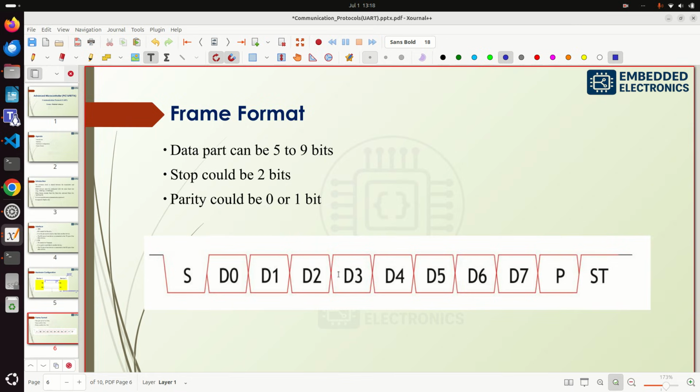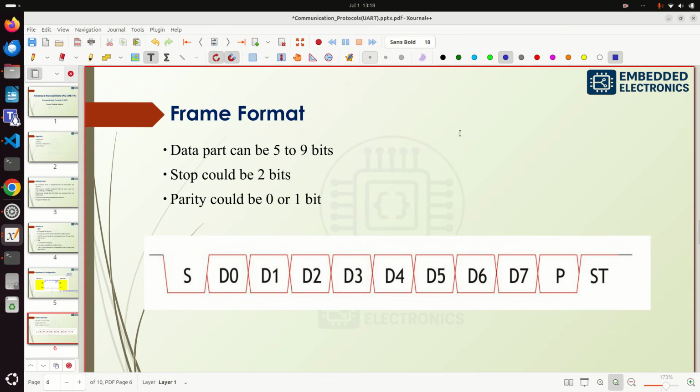Here initially the signal has to change from high to low. That is nothing but the start bit being 0, and this is the data bits, next is the parity bit and next is the stop bit.